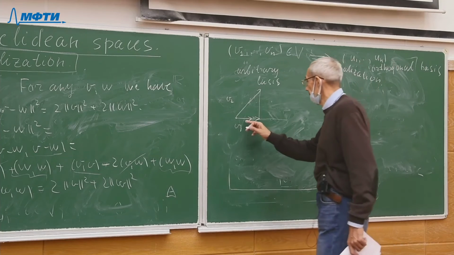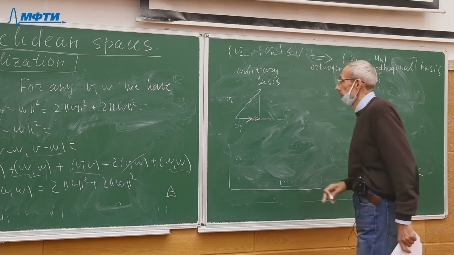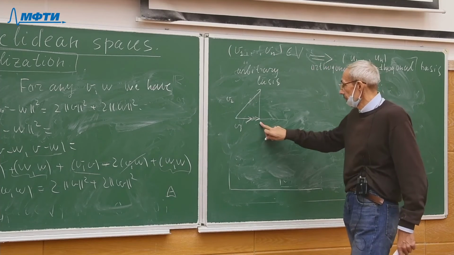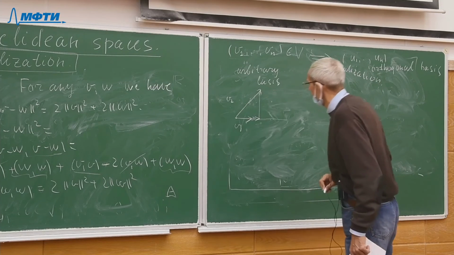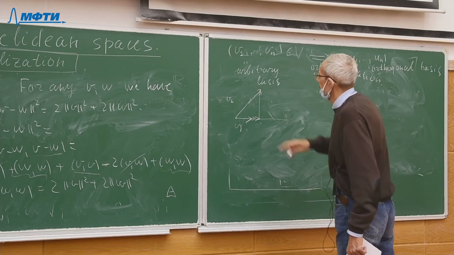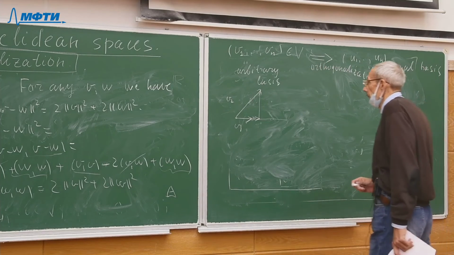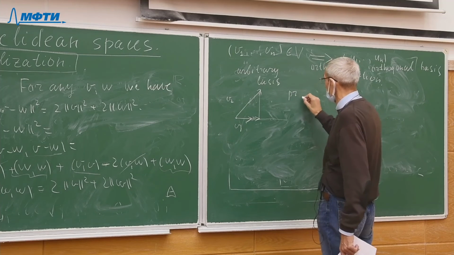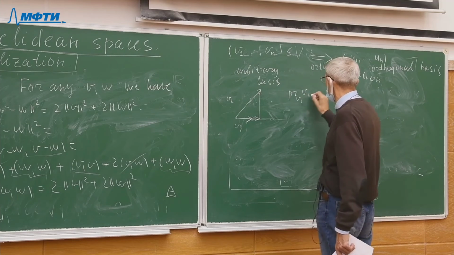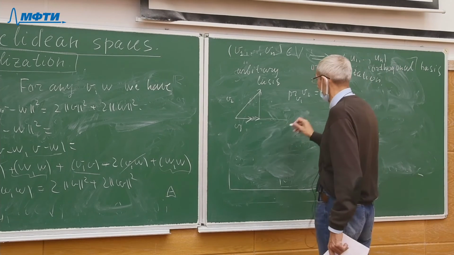If we subtract from the initial vector v2 the projection of v2 on v1, we obtain the vector which will be orthogonal to the vector v1. Namely, let the projection of v2 on v1 be this vector.